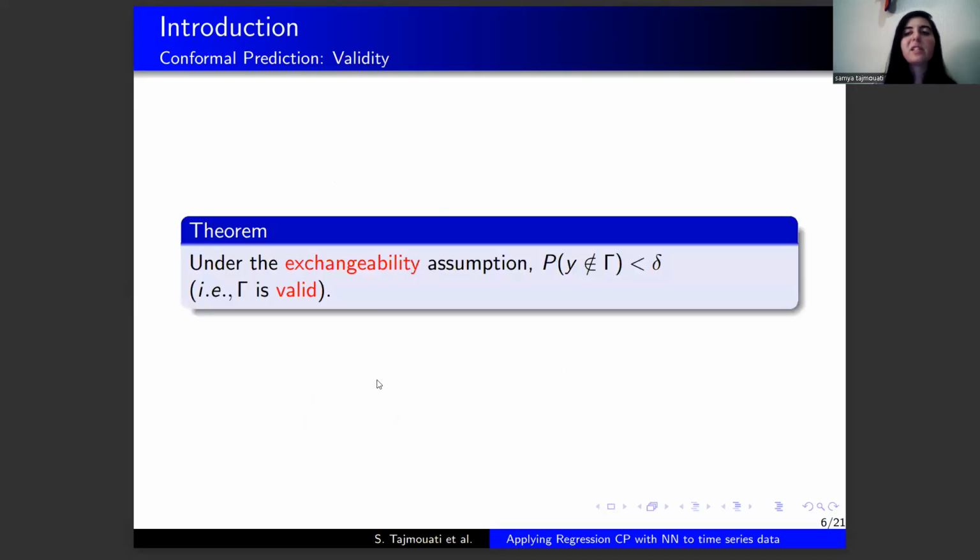Under the exchangeability assumption, it is proven that the produced conformal predictor is always valid, regardless of the definition of the non-conformity measure or the underlying algorithm. That is to say that the probability that the produced predictive set does not contain the true label y does not exceed the significance level delta.